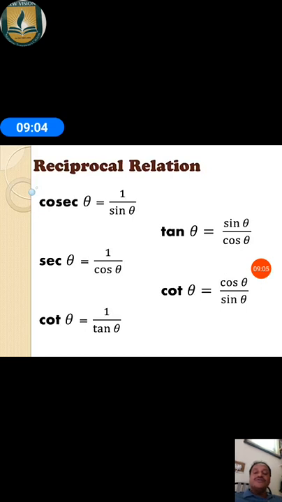Cot theta is 1 by tan theta, and cot theta into tan theta equals 1, and tan theta is 1 by cot theta. Also tan theta equals sine theta by cos theta, and cot theta equals cos theta by sine theta, from the previous slide using those ratios.